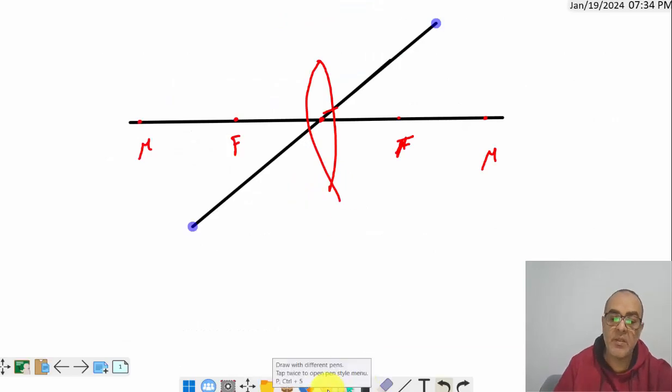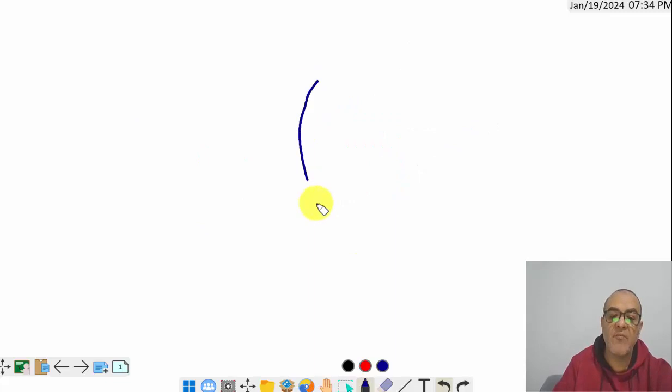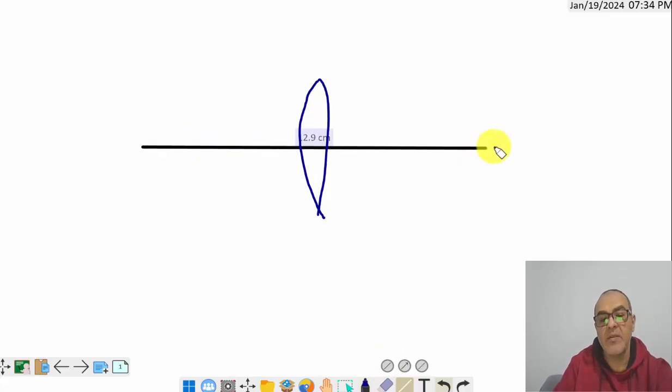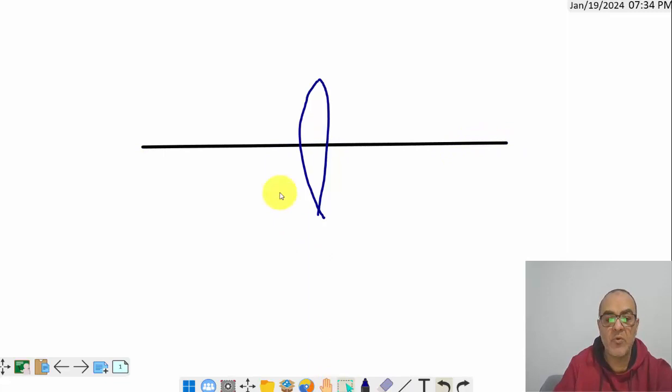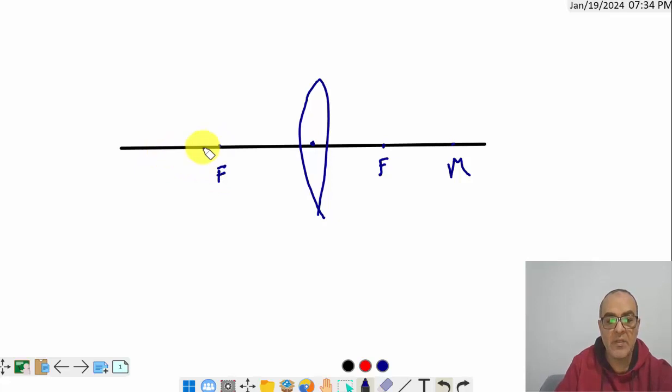Let's see here. This is the convex lens, and we said that this is the principal axis. This point is the optical center. Here is the focus, and here is the center of curvature.